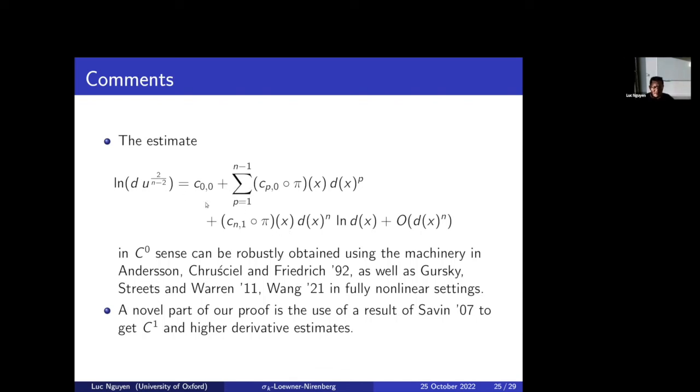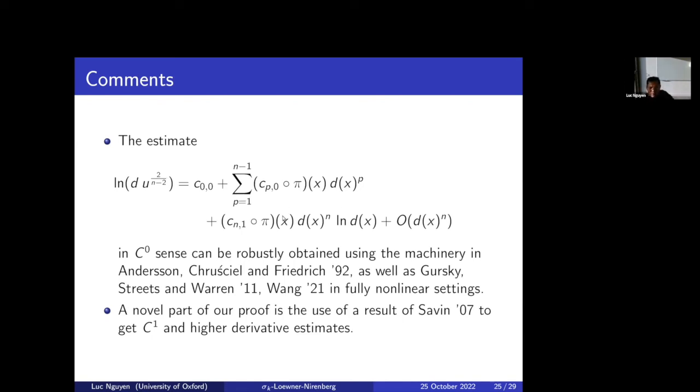And if we only care about this estimate in the C0 sense, so that means we only care about upper and lower bounds of the difference of the left and the right hand side, then we can robustly apply the techniques in Anderson, Chruściel, and Friedrich, and also in Viaclovsky, Streets, and Warren in a related context. We will obtain this C0 estimate.